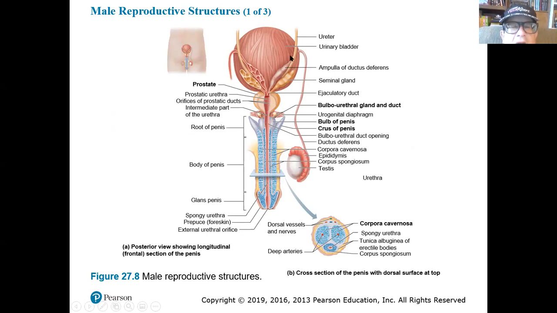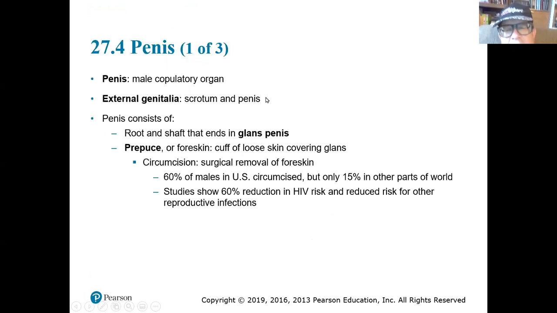Okay, and ducking underneath it, you have a now widened area in the vas deferens. That widened area is the ampulla, and the ampulla is going to join up with the seminal vesicle, and those together will join up into the ejaculatory duct that goes into the prostate and hooks up to the urethra. So yay.